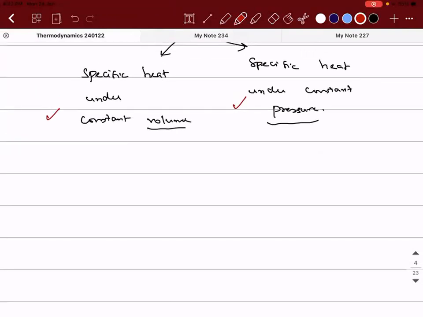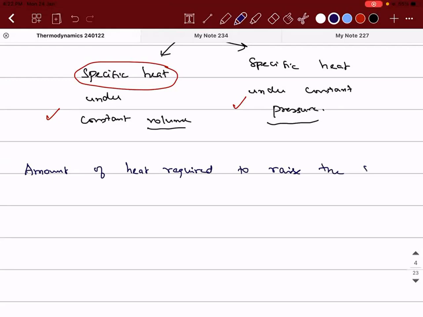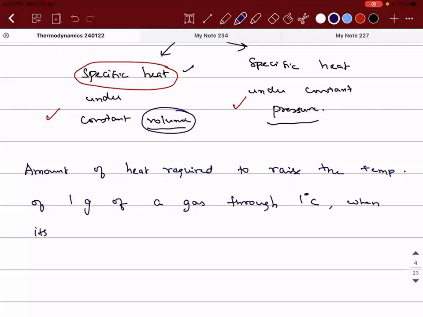As the name suggests, specific heat is the amount of heat required to raise the temperature of 1 gram of a gas through 1 degree Celsius when its volume is kept constant.